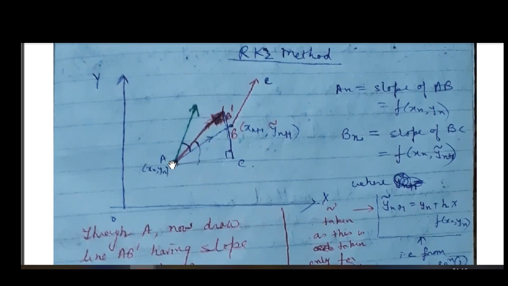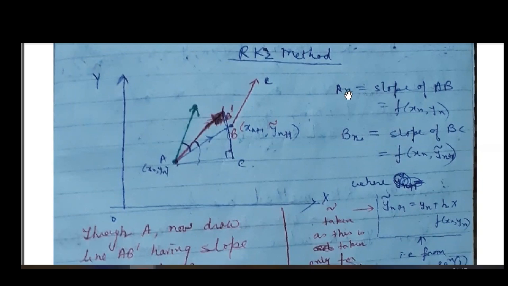So I draw a line segment through A, AB dashed, which is making half of the angle with this AB. If it is the whole angle, then half of this angle I am taking and drawing a line segment AB dashed. So this AB dashed will be giving the required slope.